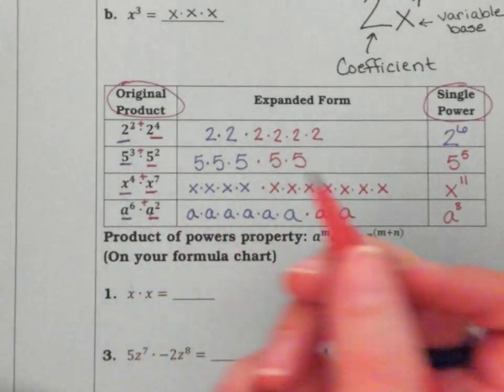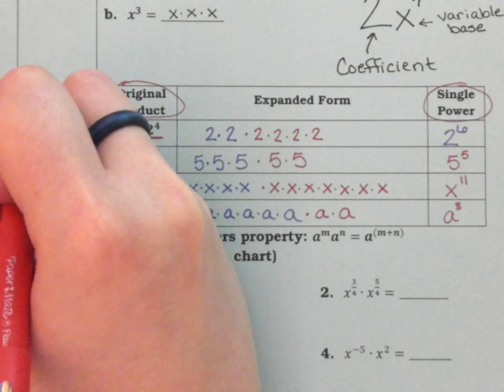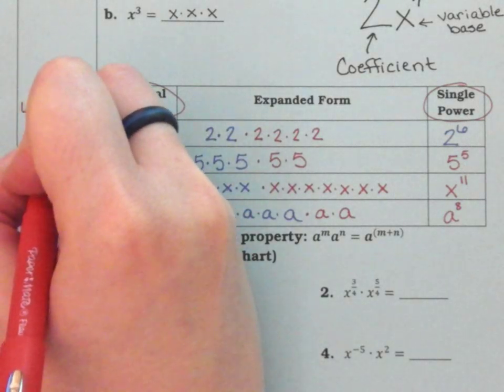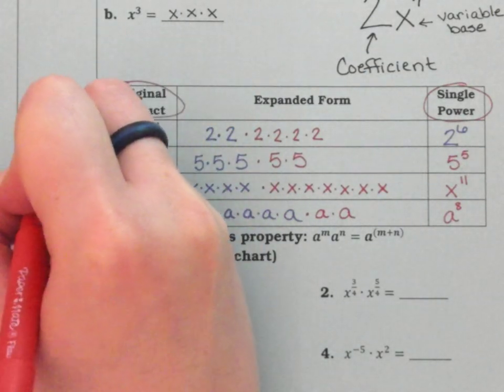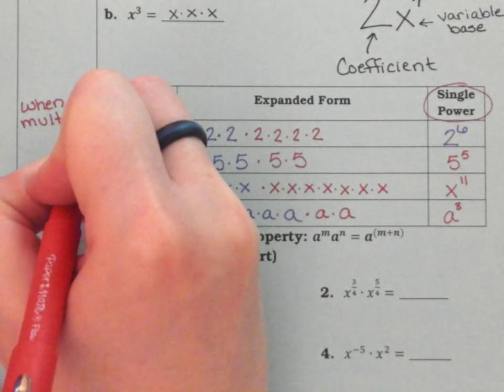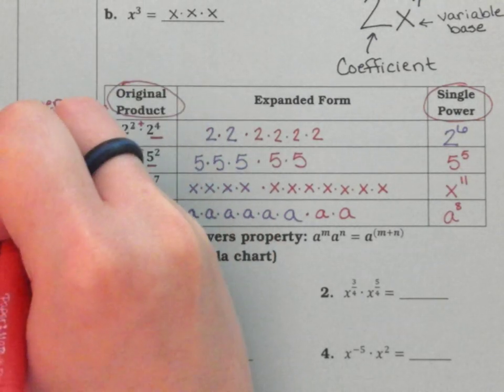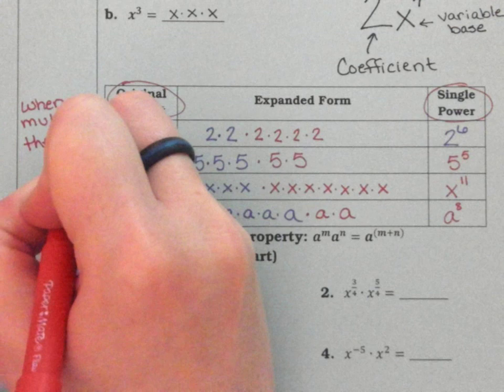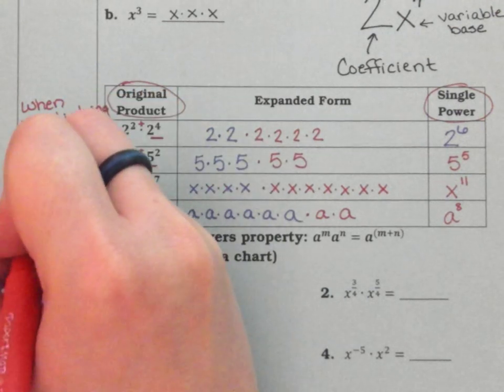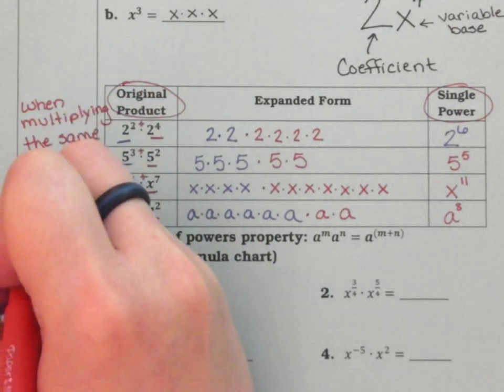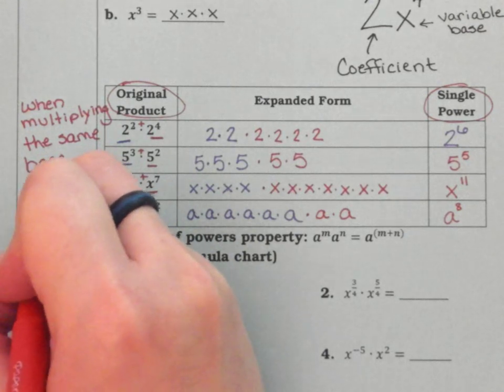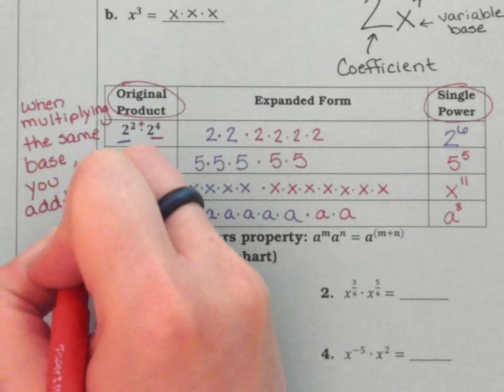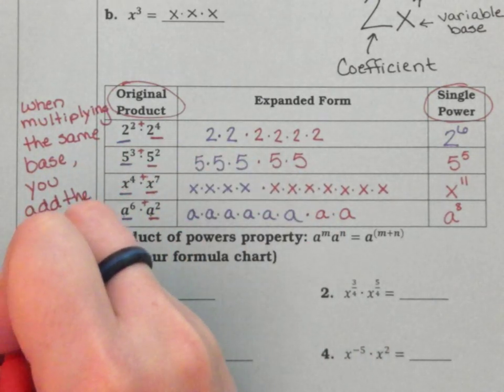So the rule says that when multiplying the same base, you add the exponents.